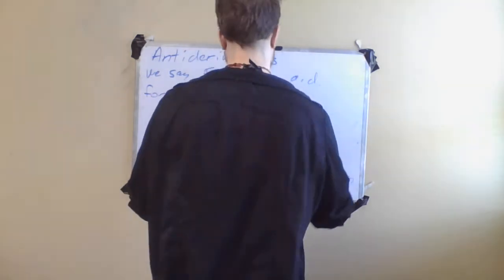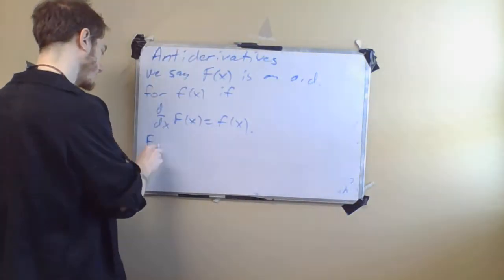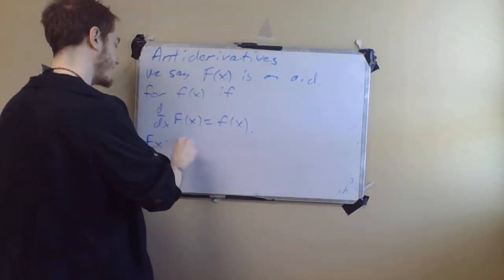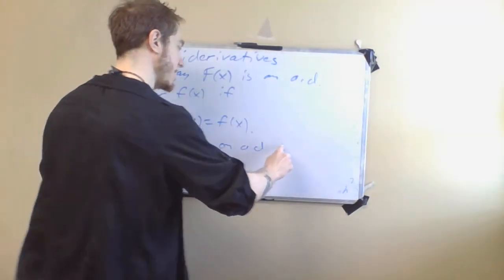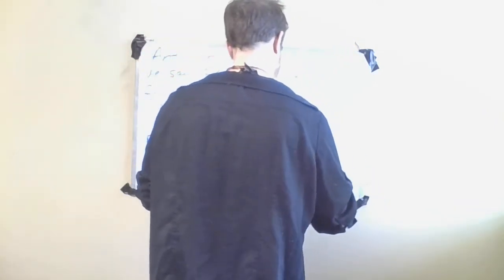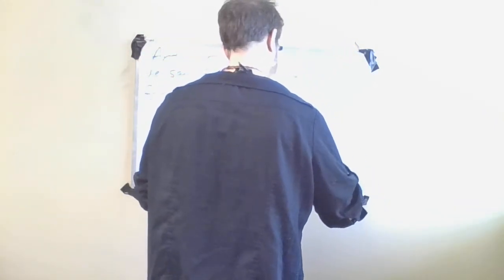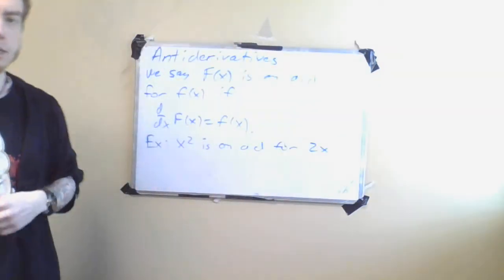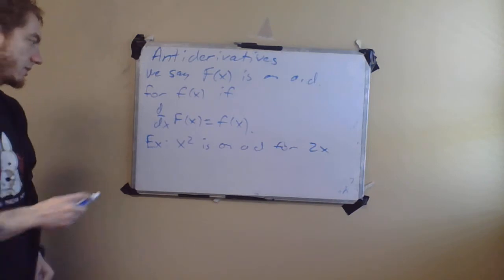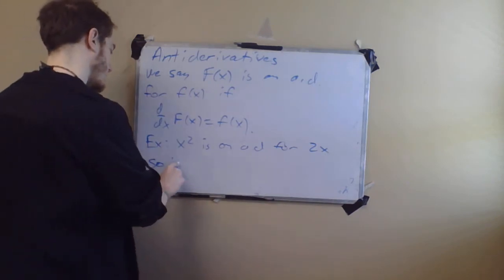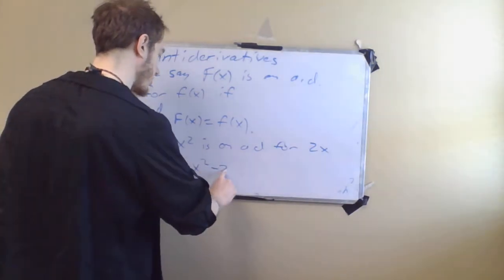So examples. x squared is an antiderivative for 2x. Because if you take the derivative of x squared, you would get 2x. So is x squared minus 3.